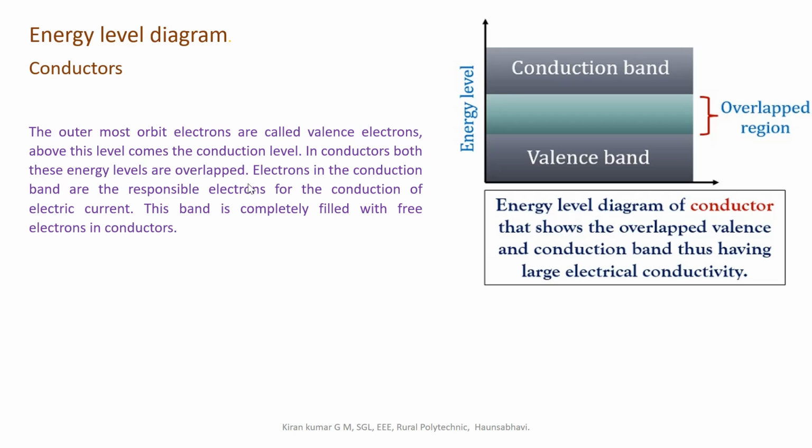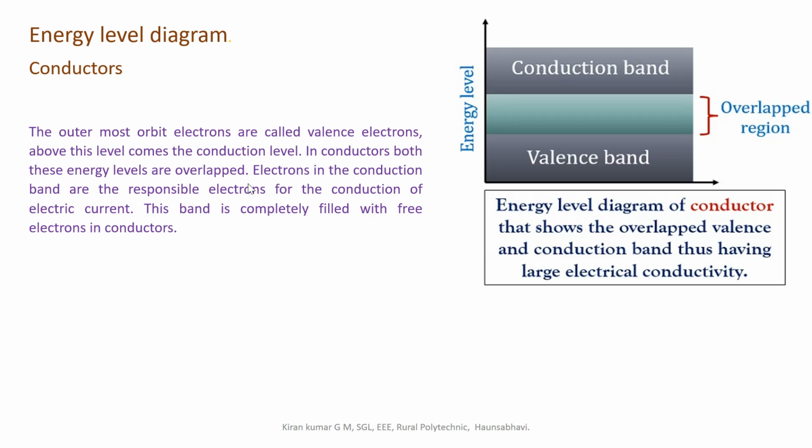The same pattern continues, and the last orbit electrons are called valence electrons, and the energy of these electrons is represented by a band called the valence band.